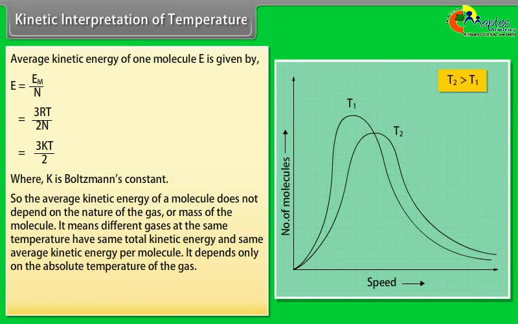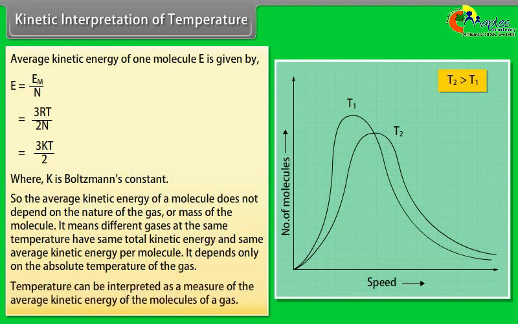It means different gases at the same temperature have same total kinetic energy and same average kinetic energy per molecule. It depends only on the absolute temperature of the gas. Temperature can be interpreted as a measure of the average kinetic energy of the molecules of a gas.